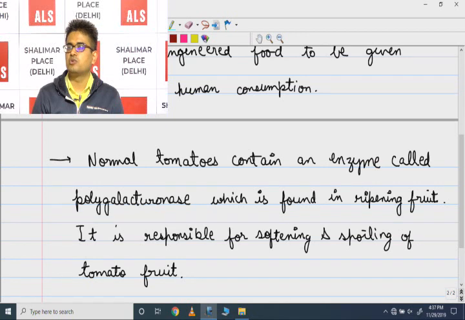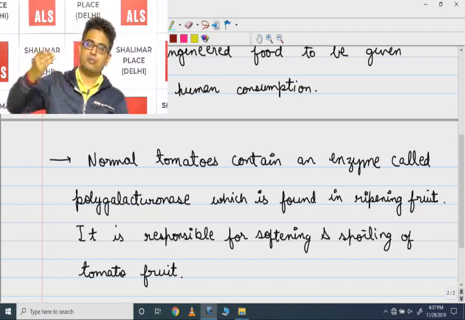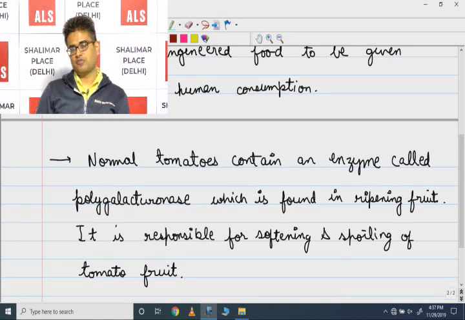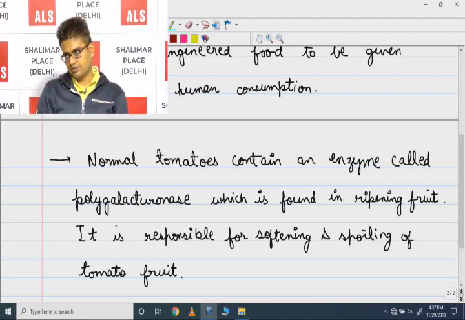Let me give you a hint. Can you propose any way in which I can prevent this enzyme from ever being formed? Because if it is formed, the fruit is spoiled. I do not want even 0.01% of this enzyme. I don't want this enzyme at all.